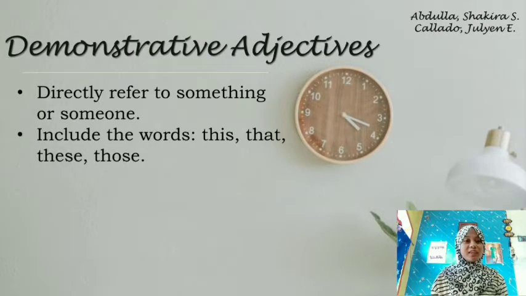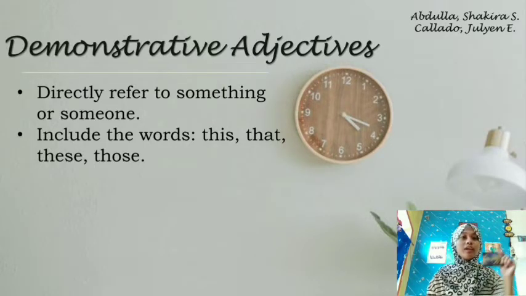Let us proceed with the demonstrative adjectives. Demonstrative adjectives directly refer to something or someone and include the words this, that, these, and those. I know you're very familiar with it because these are also called demonstrative pronouns. But their difference is that a demonstrative pronoun identifies someone or something but works alone.